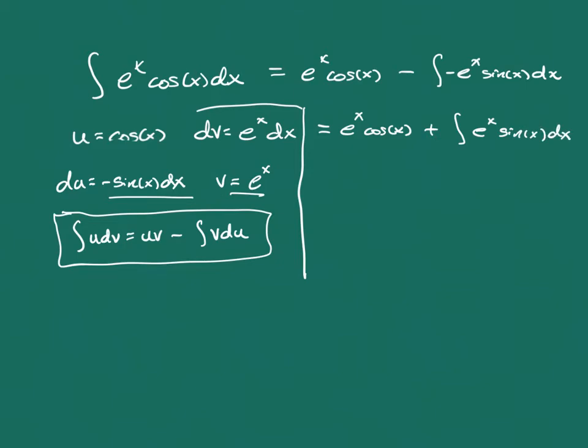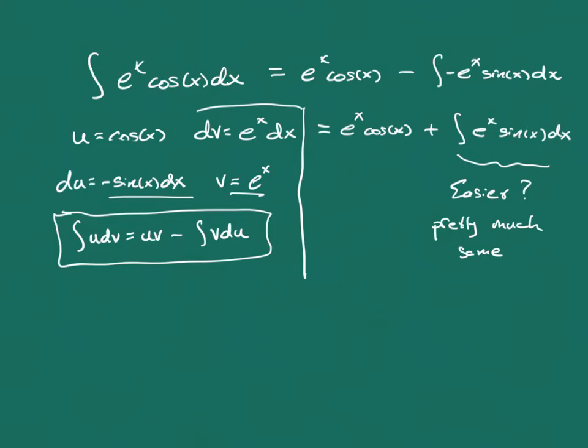Usually what we're looking for in this case is whether this second integral gets easier to do. In this case, no, it doesn't necessarily get easier; it's pretty much the same. We haven't necessarily improved things, but things haven't really gotten worse either.